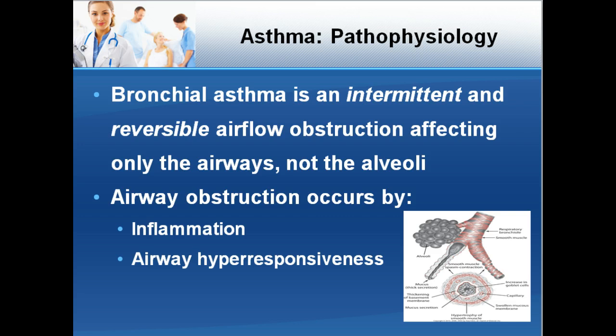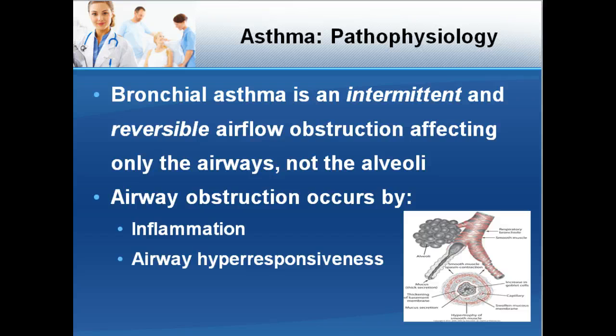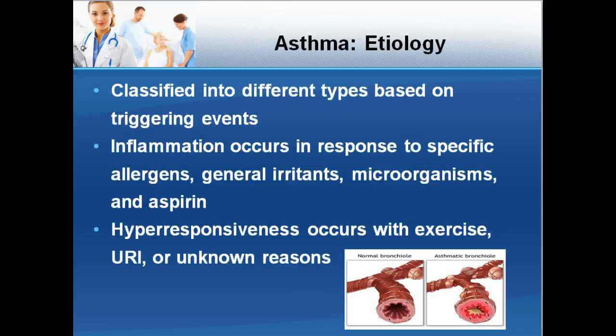Airway obstruction occurs by inflammation and then airway hyperresponsiveness. As we were taught before, and since you've been doing care plans, you know what the etiology of a particular disease process is. The etiology is classified into different types based on triggering events.